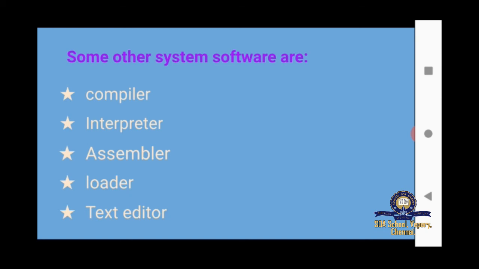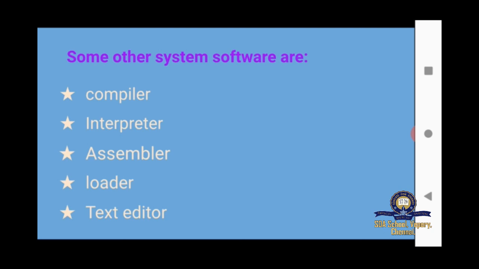It checks each program line by line, then converts it into machine code. Then the assembler is a translator that converts a user program written in assembly level language into machine code that the computer can understand.